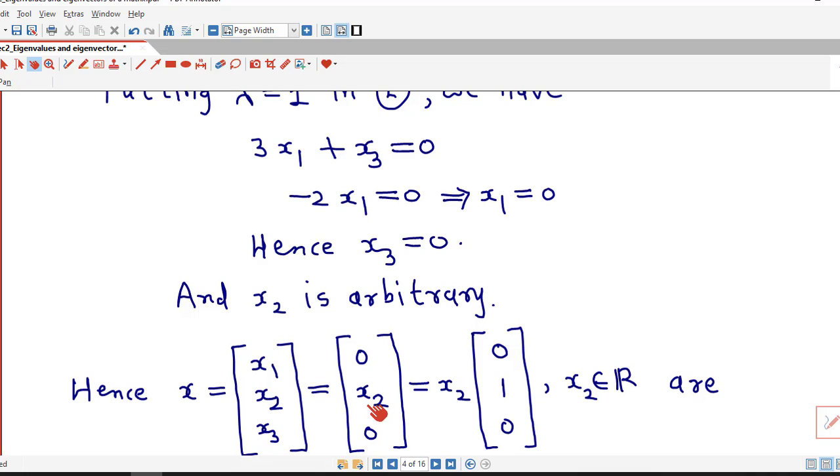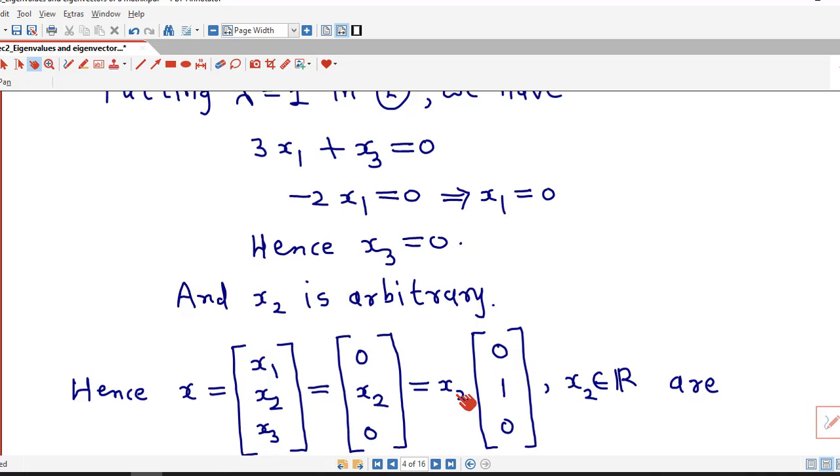We keep x2 as it is. x2 is any real number. We can take x2 outside, and this vector can be written as a multiple of x2 in this way. x2 is outside and here 0, 1, 0, and x2 is any real number. So these are the eigenvectors corresponding to eigenvalue lambda equal to 1.